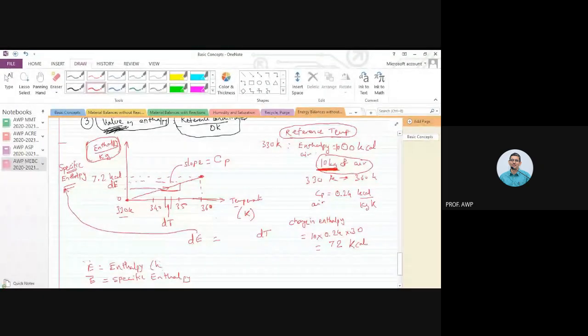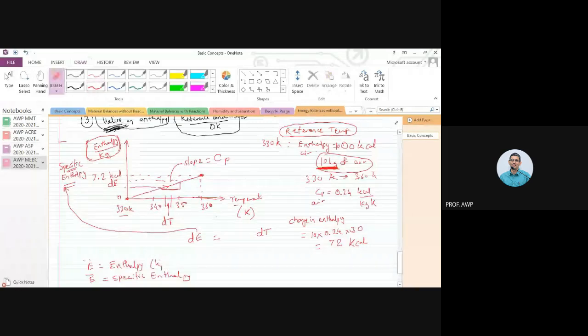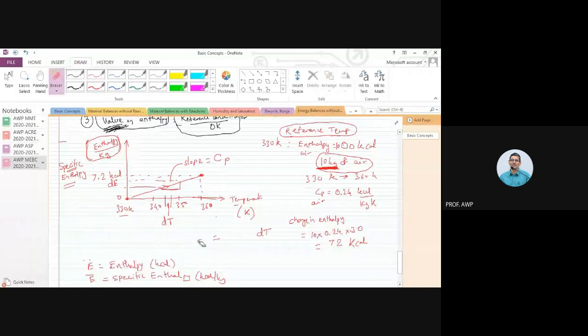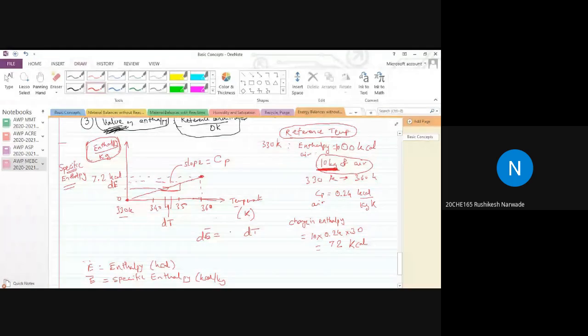Enthalpy in terms of kilocalories, and specific enthalpy in terms of kilocalories per kg. So now if you say dE bar, how do you relate it to dT? Cp, right? Or dE bar by dT, what would that be?